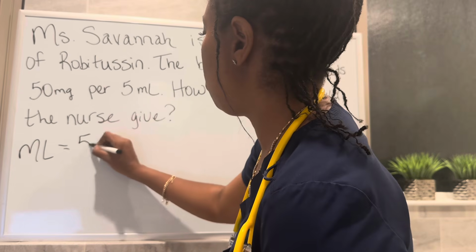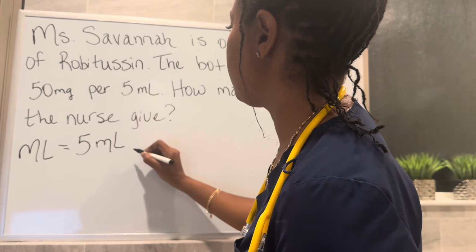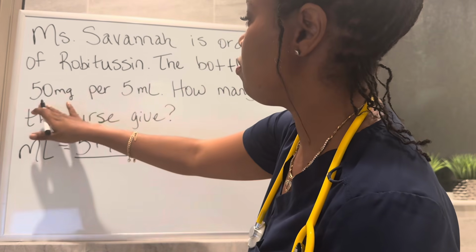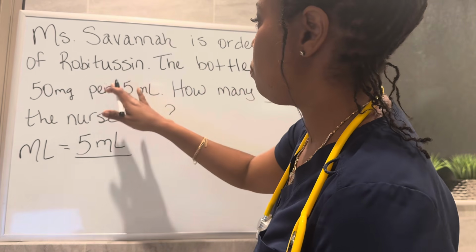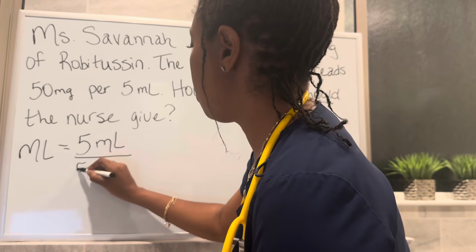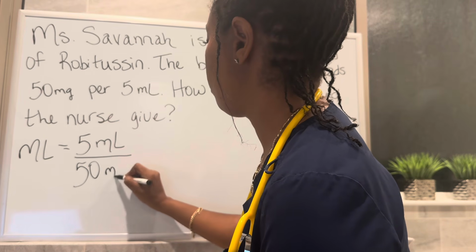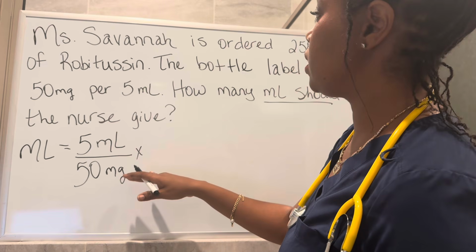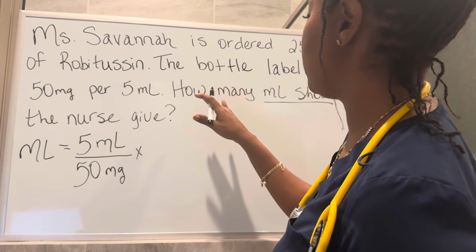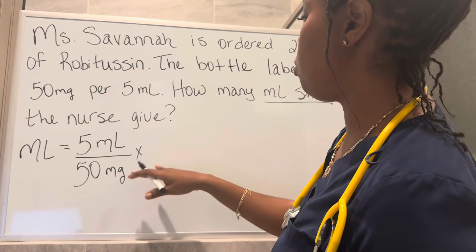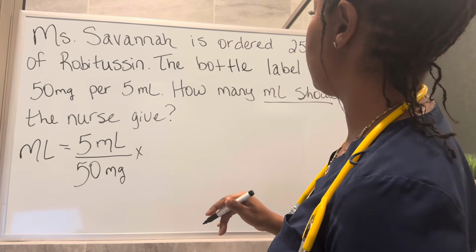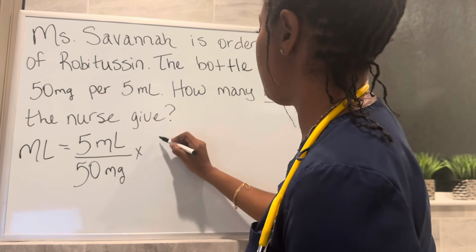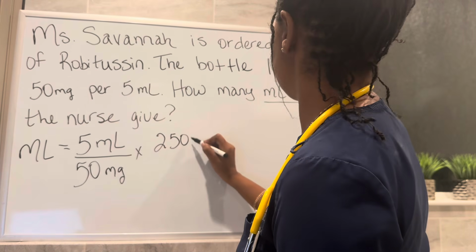All right, so I'm going to start with milliliters because that's what I want to be ending with, and I know that there's 50 milligrams per 5 milliliters. So I'm going to put that there. All right, let me go back into my equation and see what I can pick from this equation so that I can cross out milligrams because I don't need that. All right, so let me see. Miss Savannah is ordered 250 milligrams. So I know that.